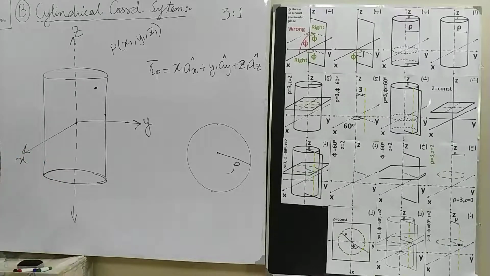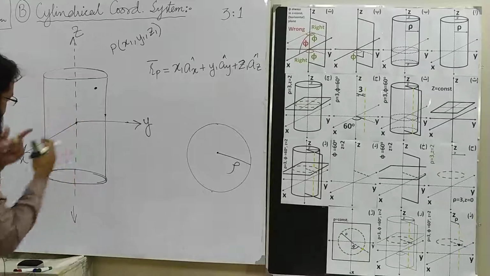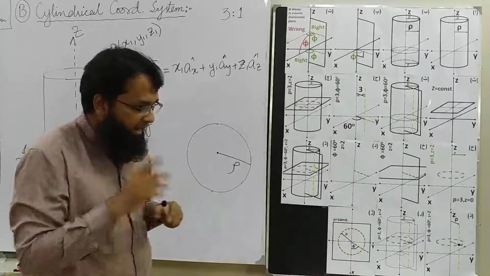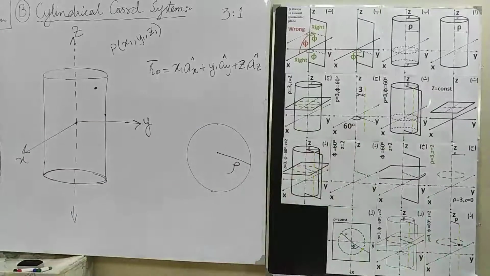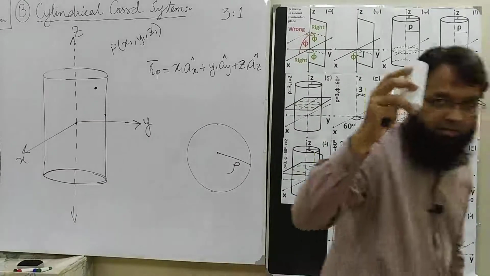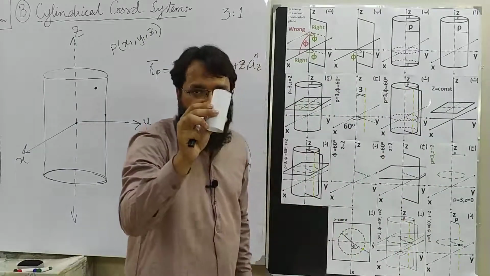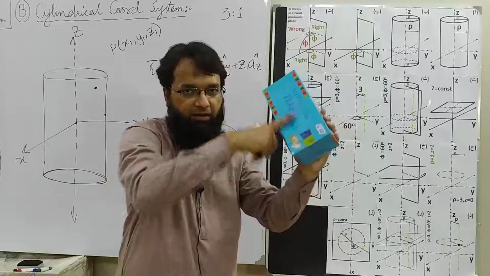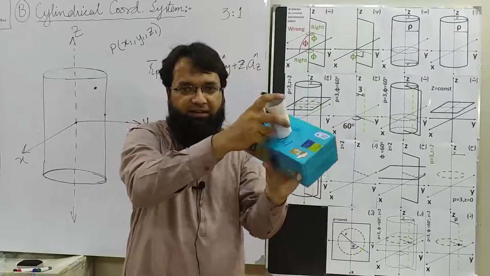Okay, before that, just to aid your visualization, I have a question to ask. If I've got a cylinder, and if I cut it through a plane, what will I get at the intersection?